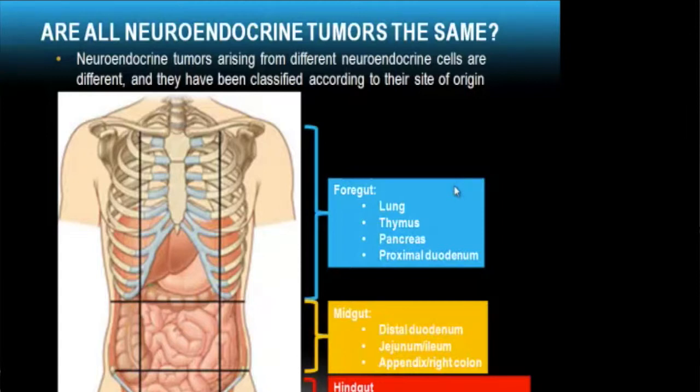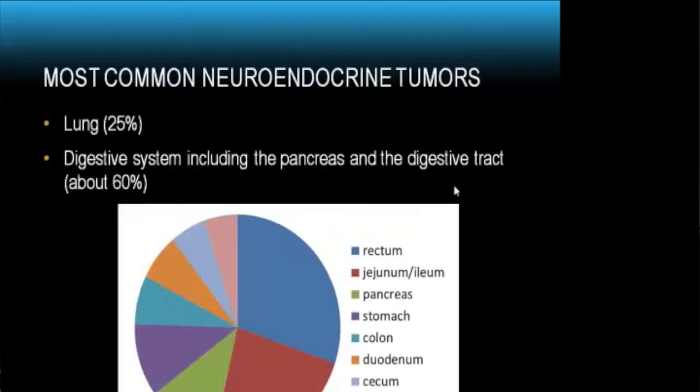And the midgut neuroendocrine tumor can be found in the distal duodenum, and the jejunum, ileum, and the appendix and the right colon. And the hindgut neuroendocrine tumors include those arising in the rest of the colon and the rectum. So, the lungs and the digestive system are the most common locations for neuroendocrine tumors.